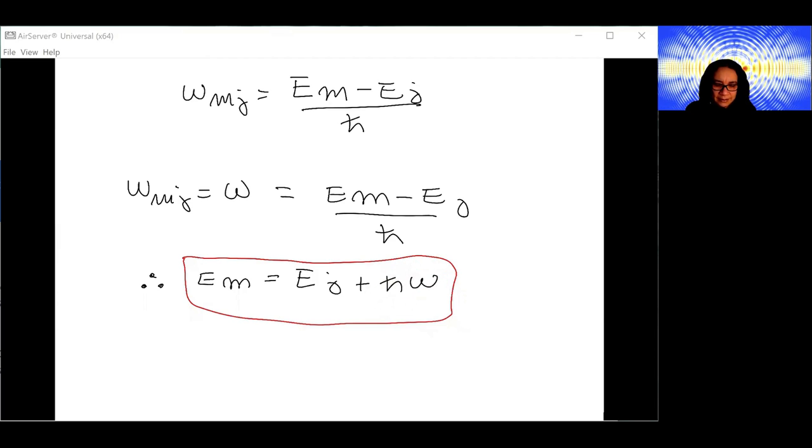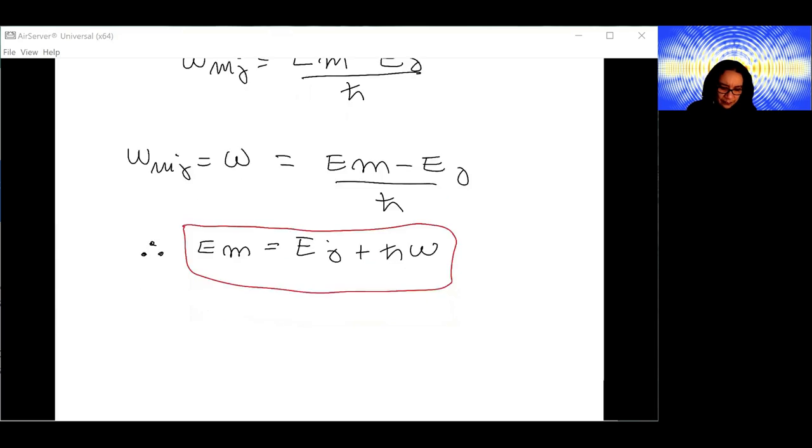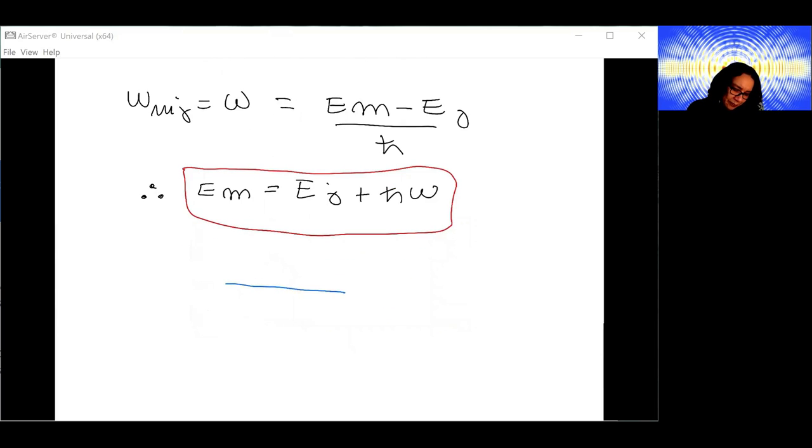So if you want to think about it in terms of a one photon transition, you would have here a state with energy Ej. Here you have a state with energy Em, and you couple this by having a resonant photon. So this would be h bar omega. It would absorb and go one up.